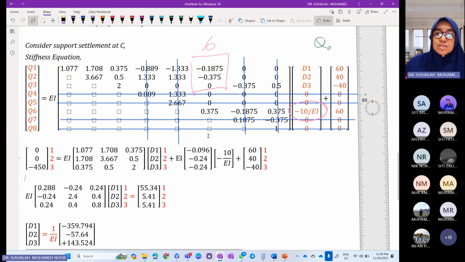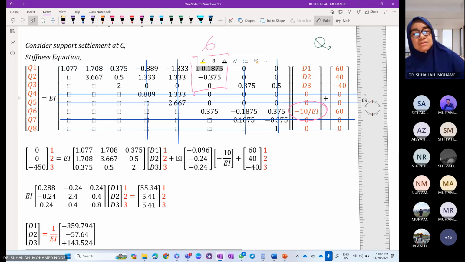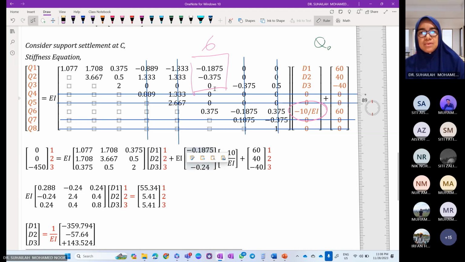So 6 punya ni is yang ni lah. Sini. Okay, then yang ni. Satu lagi 0.